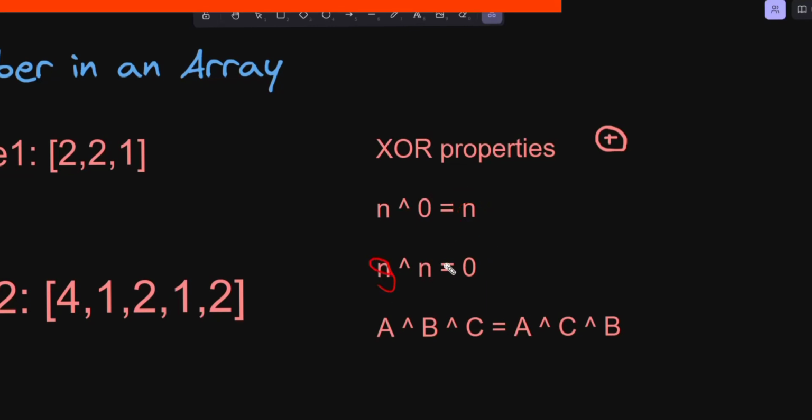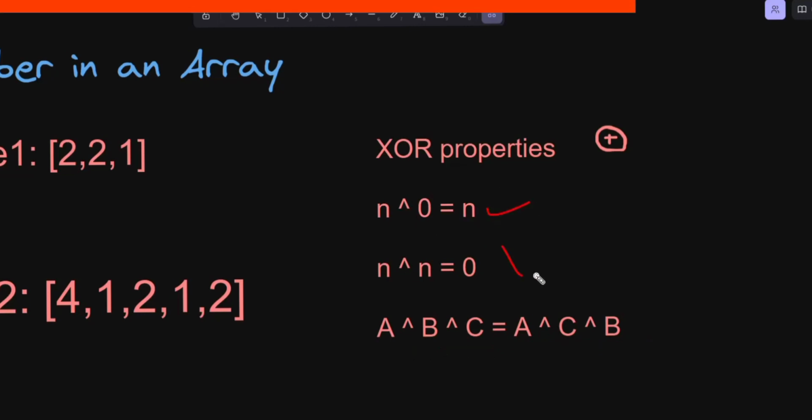If a number is XORed with itself, then it will be 0. XOR also works on the commutative property: A XOR B XOR C is equivalent to A XOR C XOR B, so it is the same in any order.